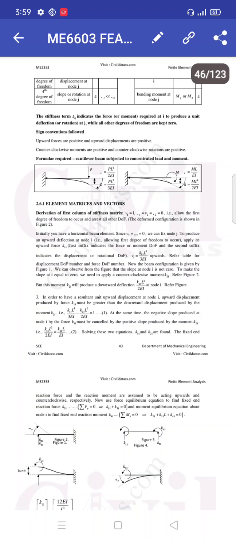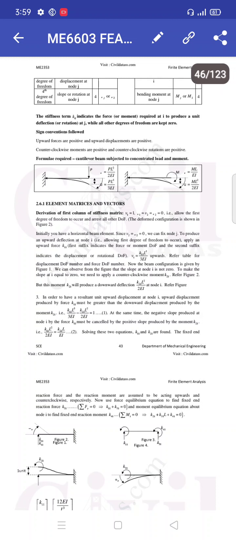We can observe from the figure that the slope at node I is not 0. To make the slope at I equal to 0, we need to apply a counterclockwise moment. Referring to figure number 2, this moment will produce a downward deflection.